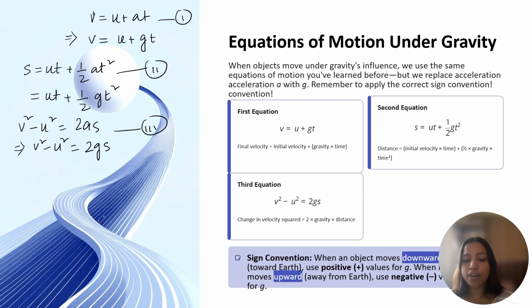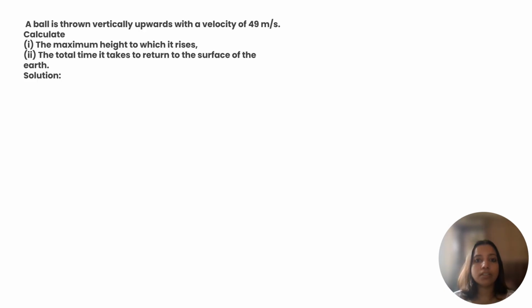Okay, so we're going to solve one question from this part. Now we are going to solve a numerical from NCERT, and it says a ball is thrown vertically upwards with a velocity of 49 meters per second. Calculate, the first one is the maximum height to which it rises, and the second one is the total time it takes to return to the surface of the earth. So here the ball is going in the upward direction.